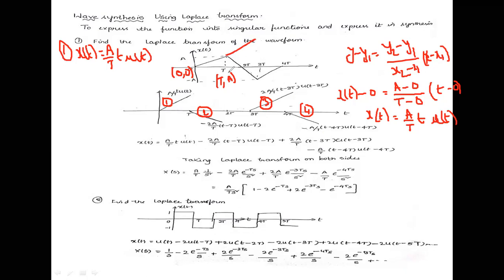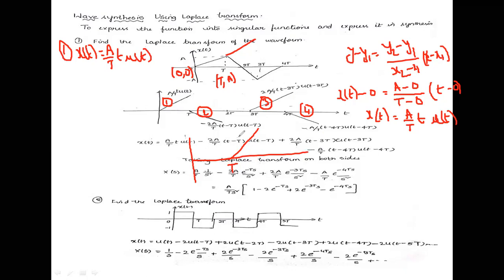And there is the same signal, but with a shifting of T samples. The same signal is shifted by T samples, so now we will get it like this. What I am saying is that the signal x of t, A by T into t, mu of t, is shifted by T samples.